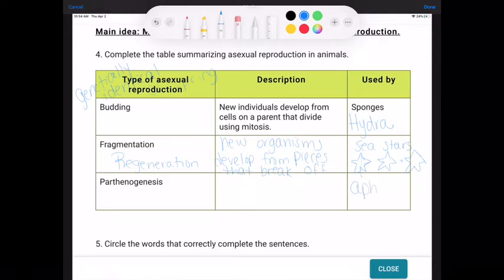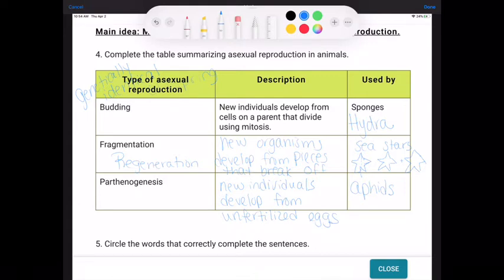And this happens in an organism called an aphid. They're like little insects that will go on certain plants. Sometimes you see them on like strawberry plants. New individuals or offspring develop from unfertilized eggs. So all this stuff is going to help you with the test you're going to take next week. And I'll leave that up for a second so you can check that.